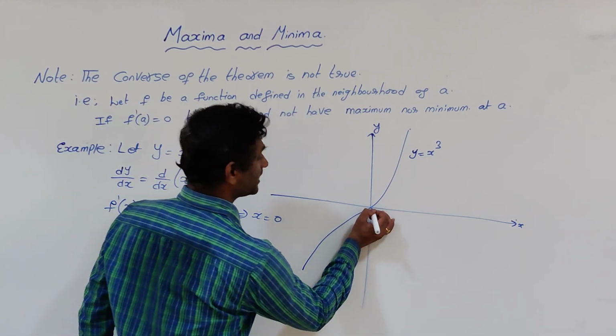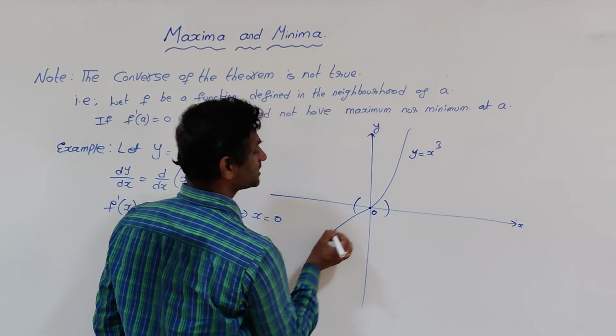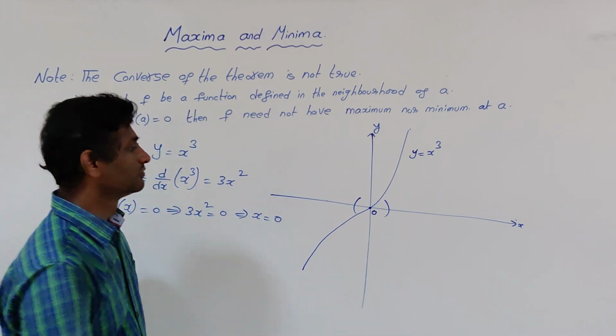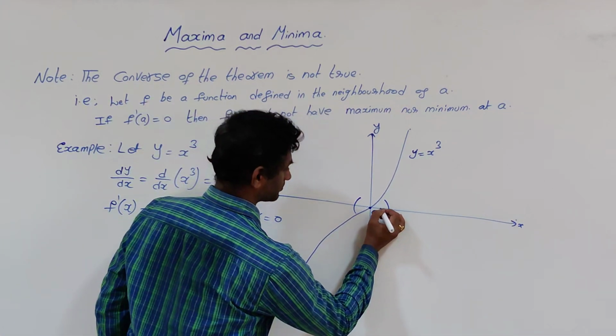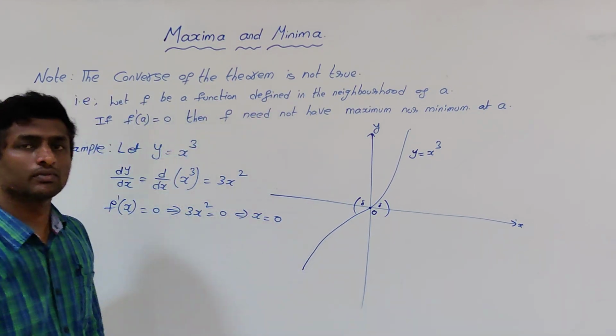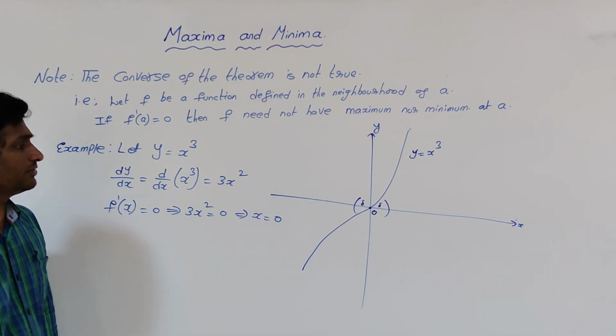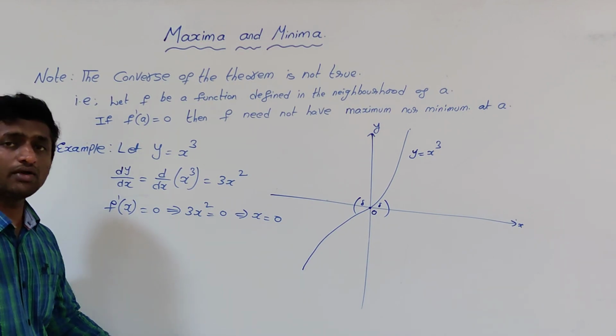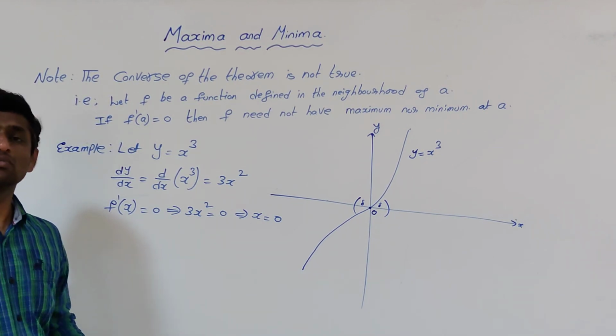Now we will check whether x is equal to 0 has a maximum or minimum. If you take a small neighborhood of 0 with some delta distance, can we have a maximum or minimum?